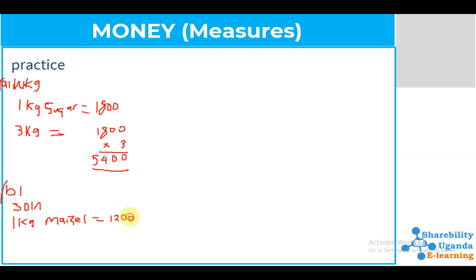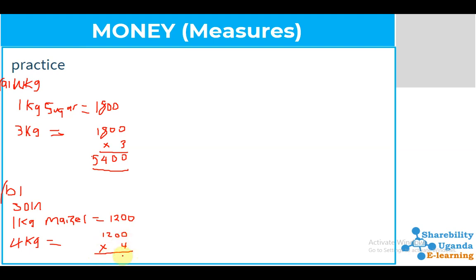So for the 4 kilograms, 4 kilograms will be equal to 1,200 times 4. Then here we shall come up with our answer.